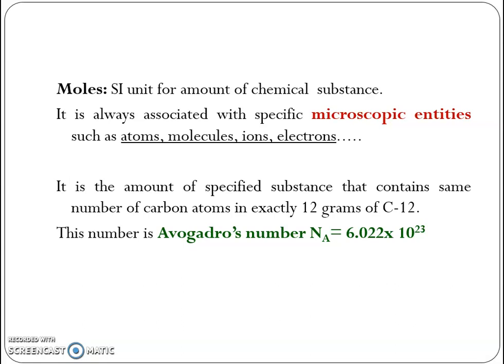What is a mole? It is the amount of specified substance that contains the same number of carbon atoms as in exactly 12 grams of C12. So here C12 is taken as a reference. And this number is known as Avogadro's number, which is 6.022 into 10 raised to power 23.